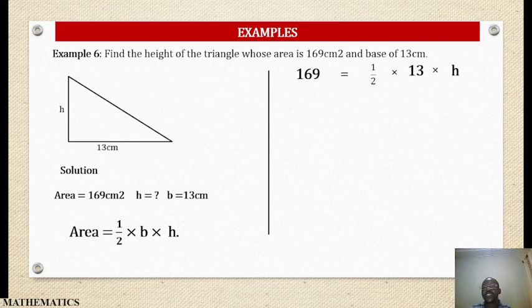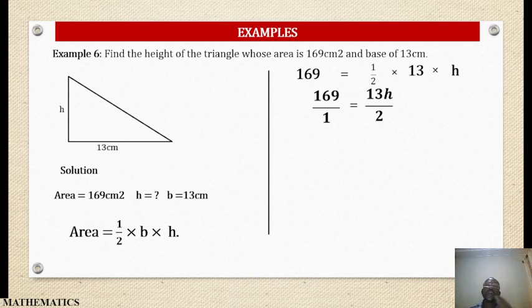So for us to stay away from that problem, we write 169 over 1, which is the same thing, because 169 divided by 1 is the same as 169, which is equals to, so we have to multiply the numerator, that's 13 times h times 1, that is 13h over that 2 under. And at this level, you can see that we have two fractions on both sides.